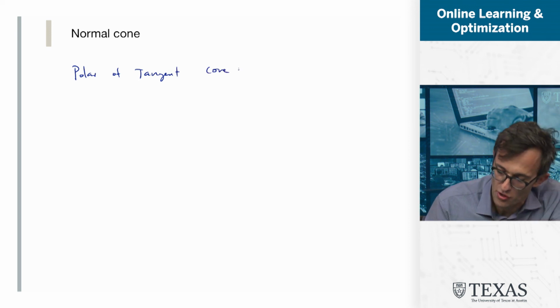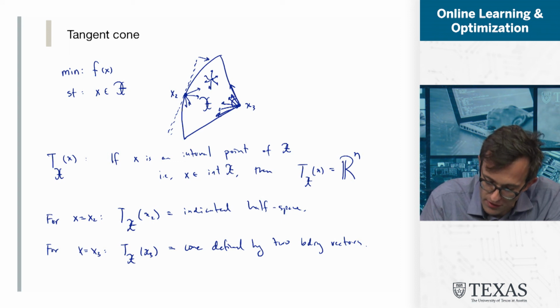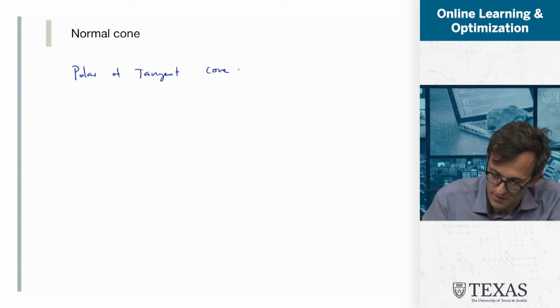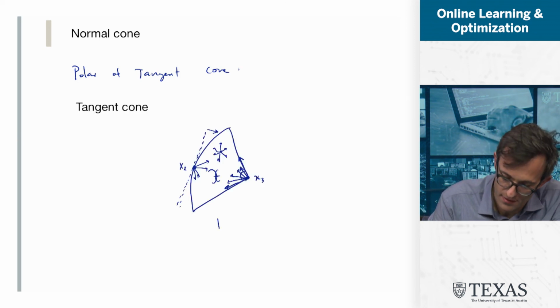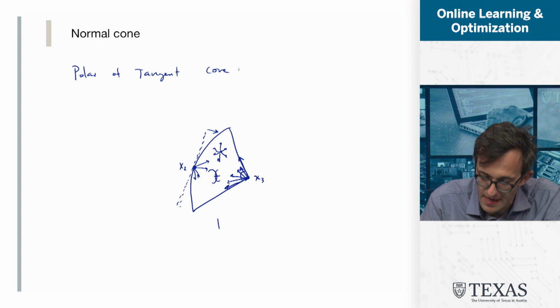And let's again draw it. Maybe it's helpful if we just use this exact drawing here. So this is the exact tangent cone we had before.